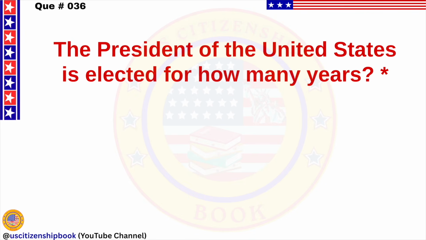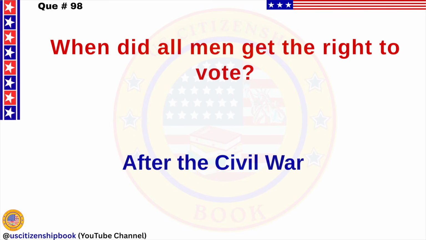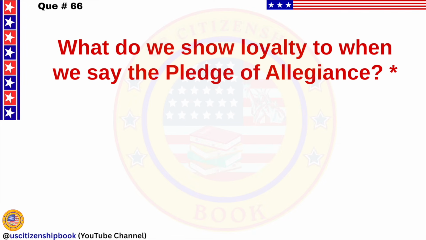The President of the United States is elected for how many years? For years. When did all men get the right to vote? After the Civil War. What do we show loyalty to when we say the Pledge of Allegiance?